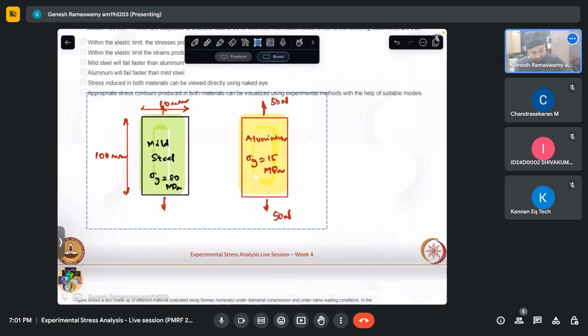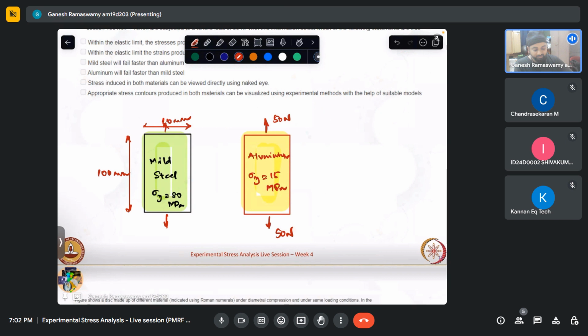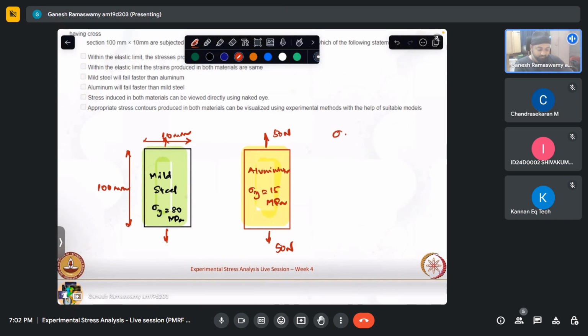So under uniaxial tension, we know stress is, rather, let me take this point. At that point, what is the stress tensor like? In two dimensions, the stress tensor is 0, 0, 0, and then 50 by 100 into 10, and not 100 into 10, 10 into some thickness.